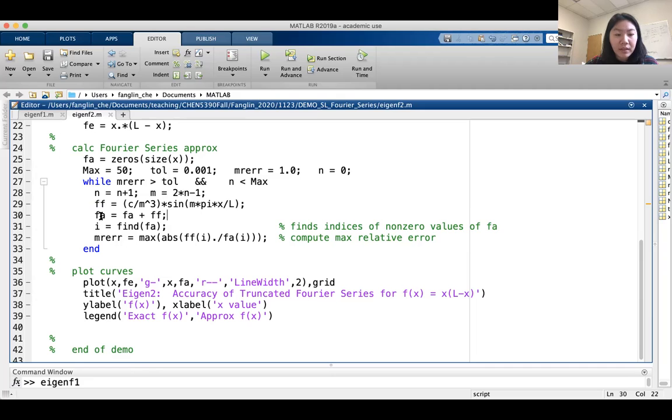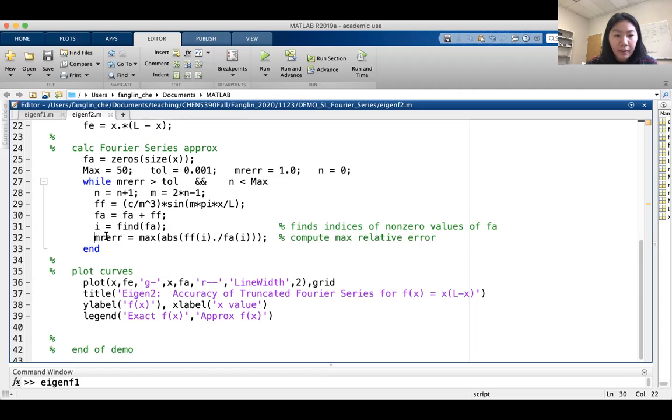Then we will always update our sum. The sum has already been defined as 0. As we run more and more loops, all the terms are added to the sum. So FA will always be updated with the new term FF.